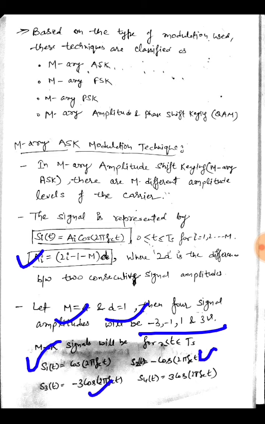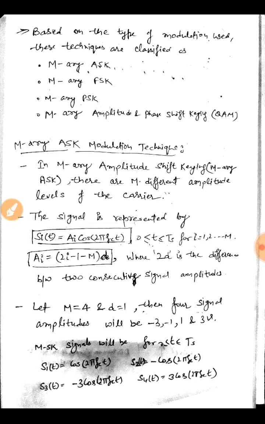In this case amplitude is minus 3, and in this case amplitude is 3, and the frequency of all of the four signals would be the same, because only the amplitude is varying according to the message signal, not the frequency. That is why it is called amplitude shift keying, which we have already seen in the previous lectures.